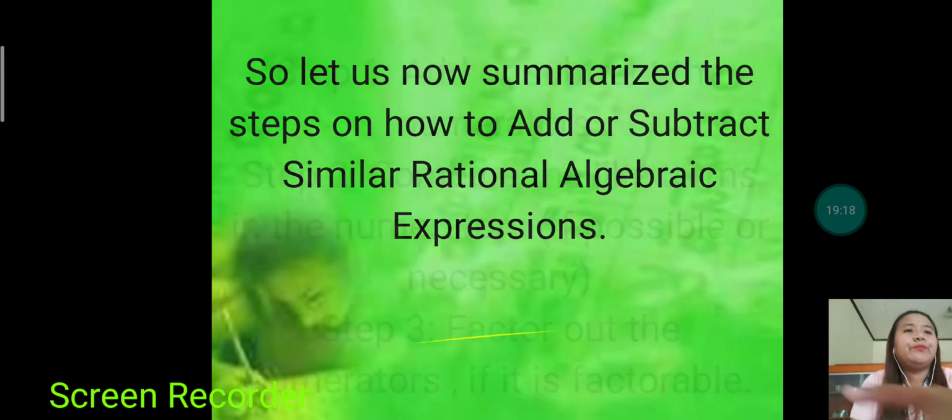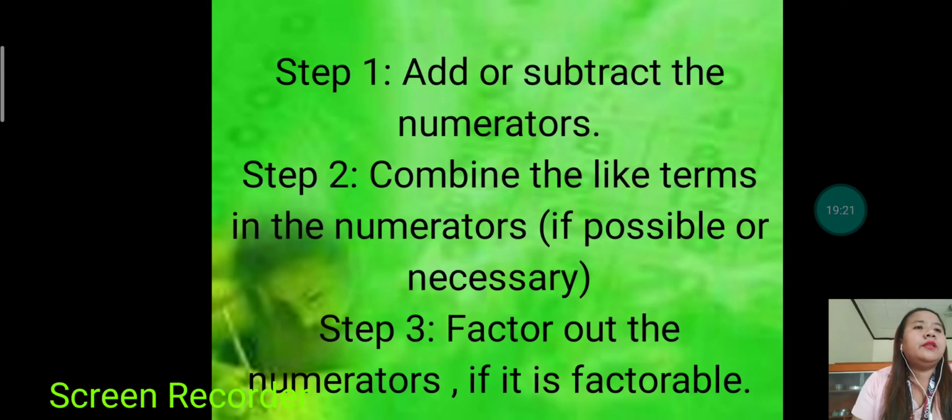Now, let us summarize the steps on how to add or subtract similar rational algebraic expressions. Step 1, add or subtract the numerators. Madali lang yon kasi nga, it is common or the similar rational algebraic expressions.